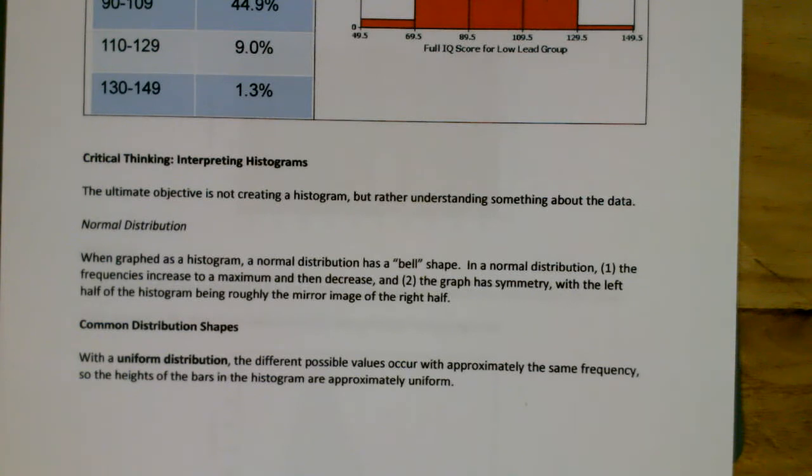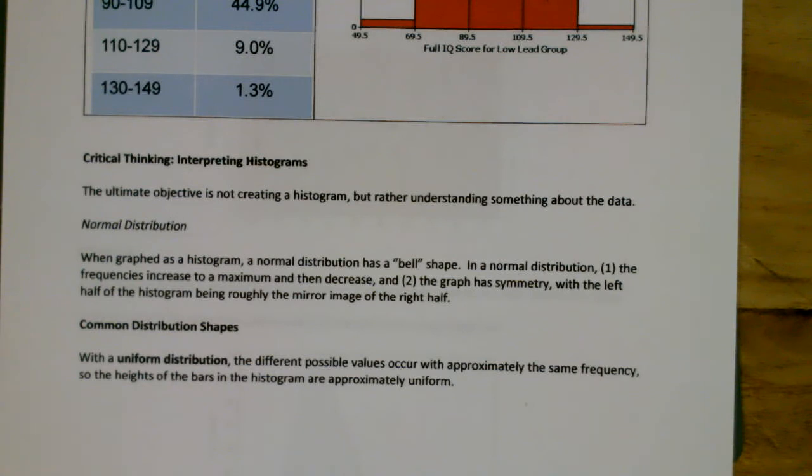And number two, the graph has symmetry, with the left half of the histogram being roughly the mirror image of the right half. So that's pretty much what we were trying to answer in one of those examples that I just did, which talks about whether or not the histogram appears to have a normal distribution.